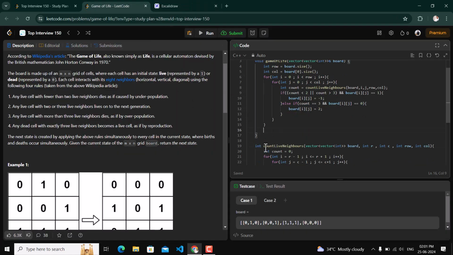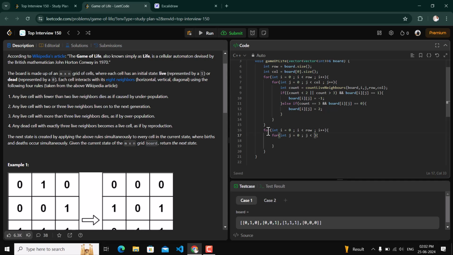Okay, so this we have done, but we have converted cells into -1 and 2. So at last, we will just map those to 0 and 1. So for int i equals 0, i is less than row, i plus plus, then int j equals 0, j is less than column, j plus plus.